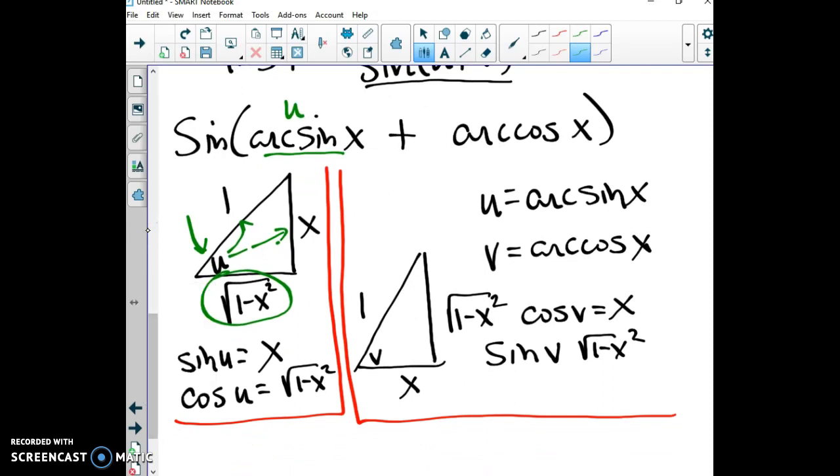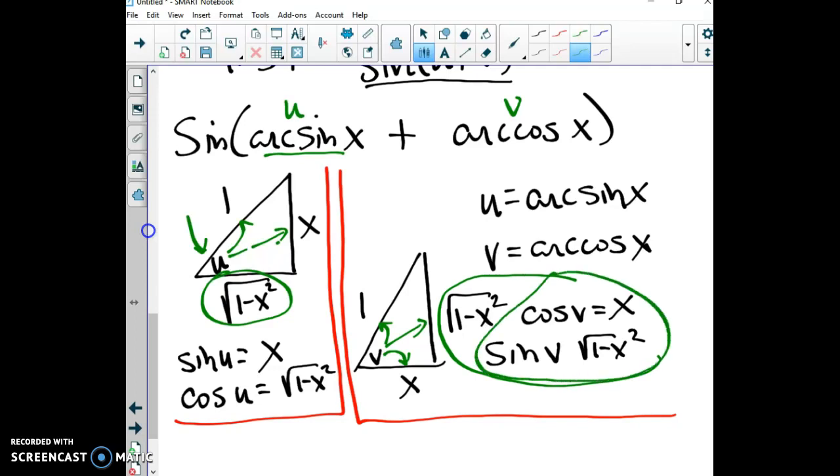The same thing, we're going to name this v. It says the cosine of some angle is x, so that's adjacent over hypotenuse, and we can see that then our opposite side is similar to the one found for angle u. And we can take these two values, cosine v is x, sine v is the radical of 1 minus x squared.